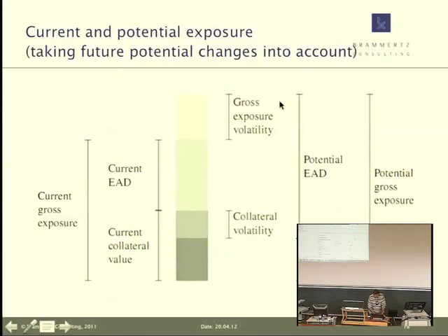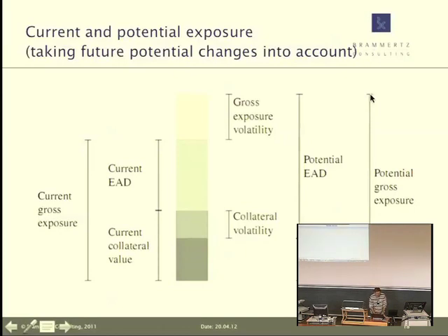That's why your potential exposure will be like that. And that's the number they want to see, also the regulators, but even you inside the banks. So you want to see the potential exposure: how much could it go within the near future, given market conditions fluctuate? And the potential gross exposure goes up to here.